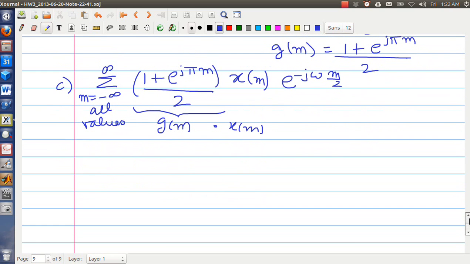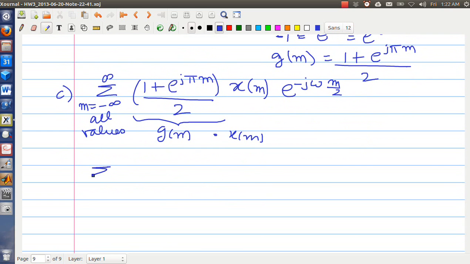Now this can be split into two separate sums.